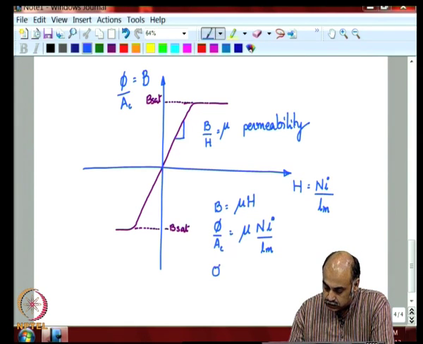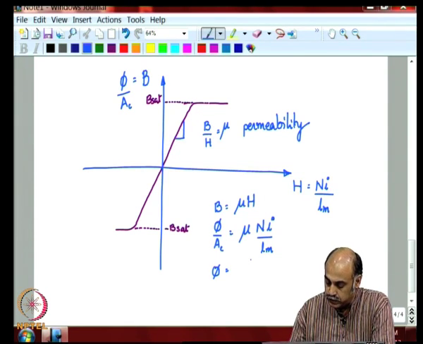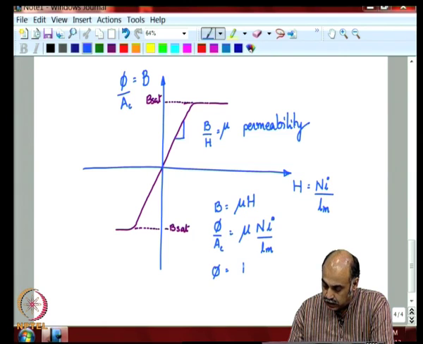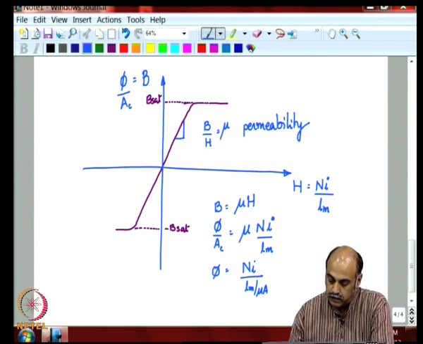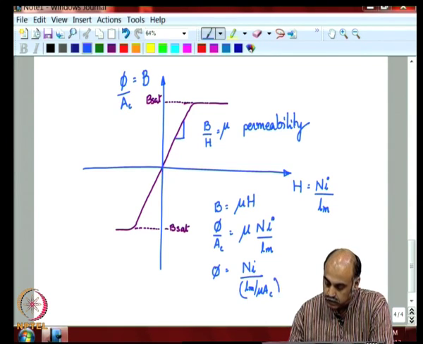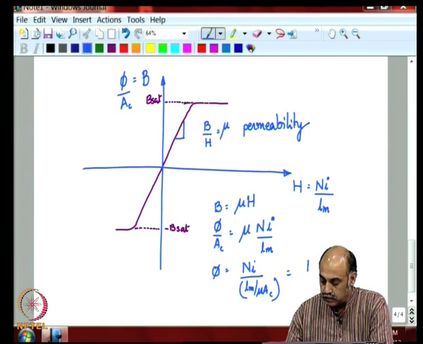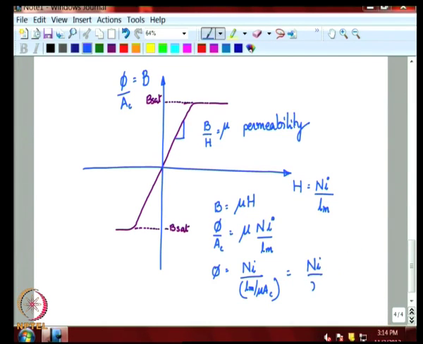So, flux is equal to Ni by Lm by mu A, and this is nothing but Ni by reluctance, or MMF by reluctance.